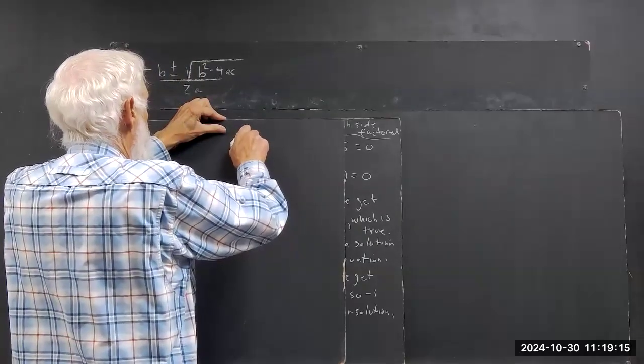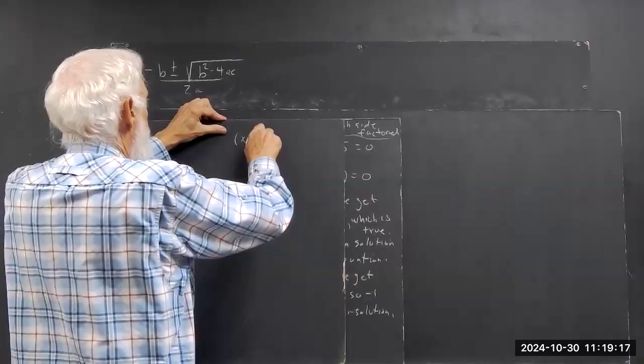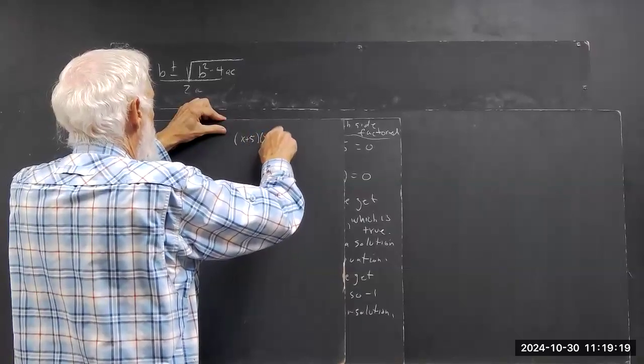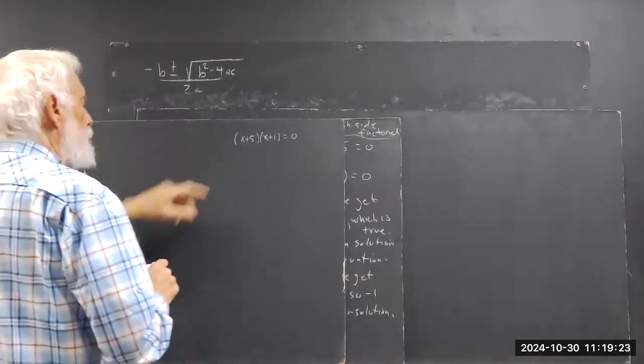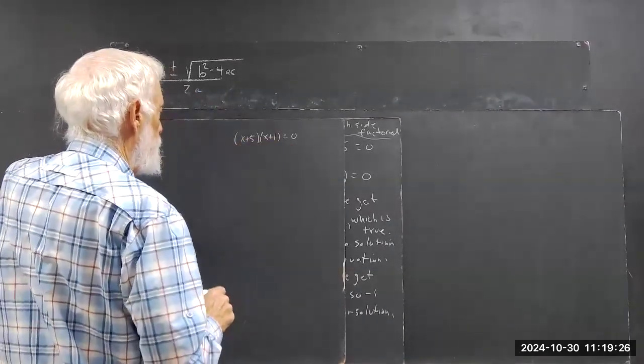So the logic is this: x plus 5 times x plus 1 is 0.